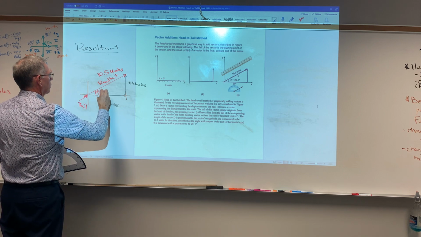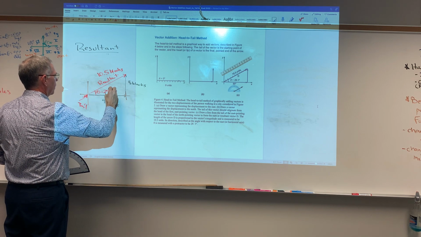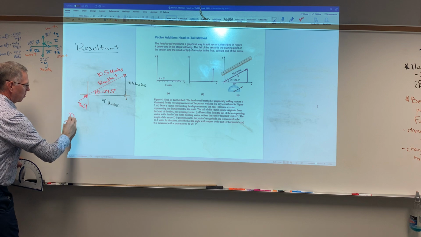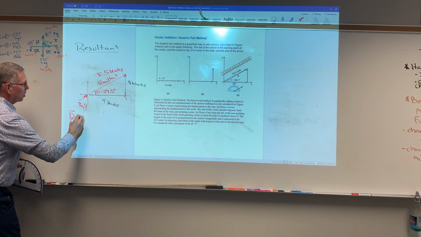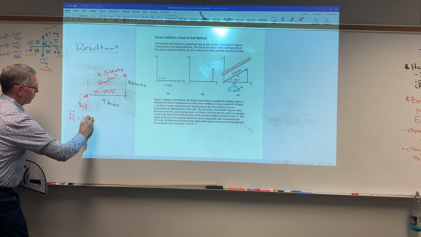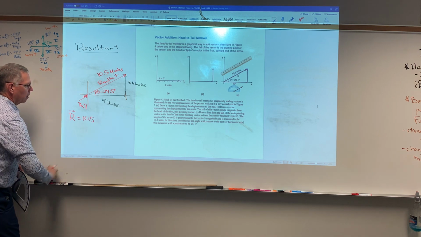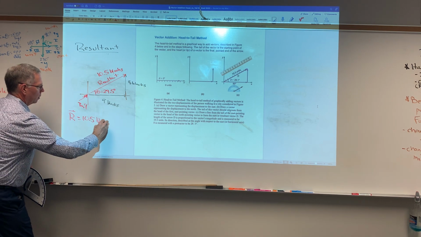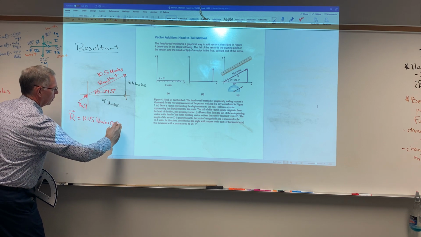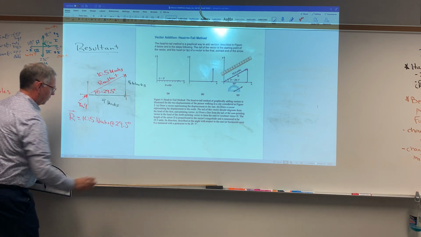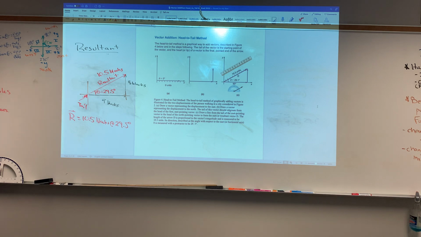I get about 29.5 degrees. So my resultant vector, my displacement, is 10.5 blocks at 29.5 degrees. Okay.